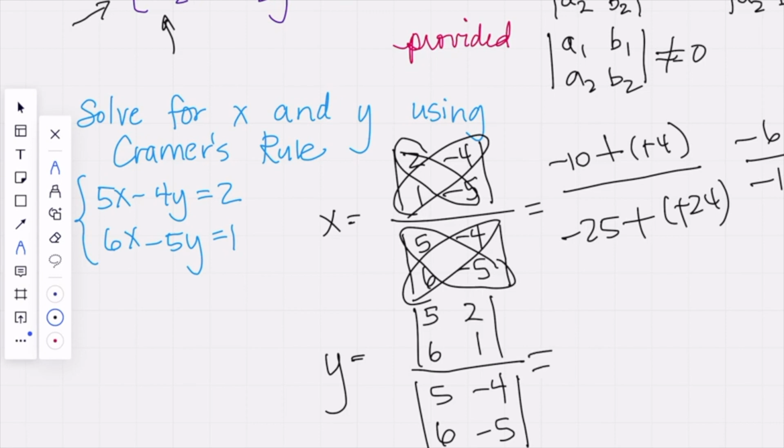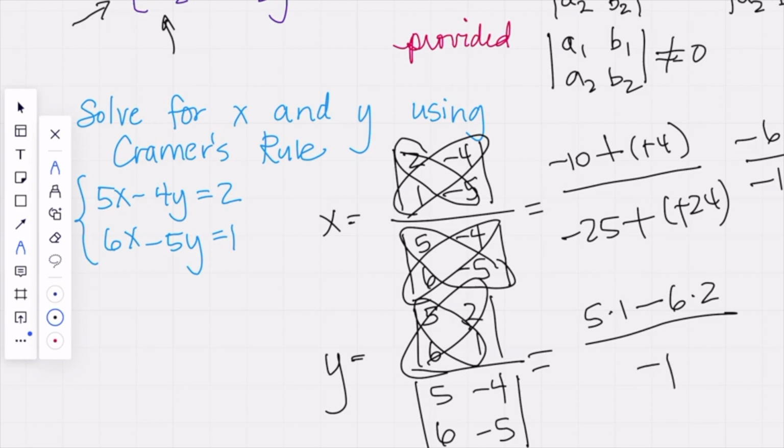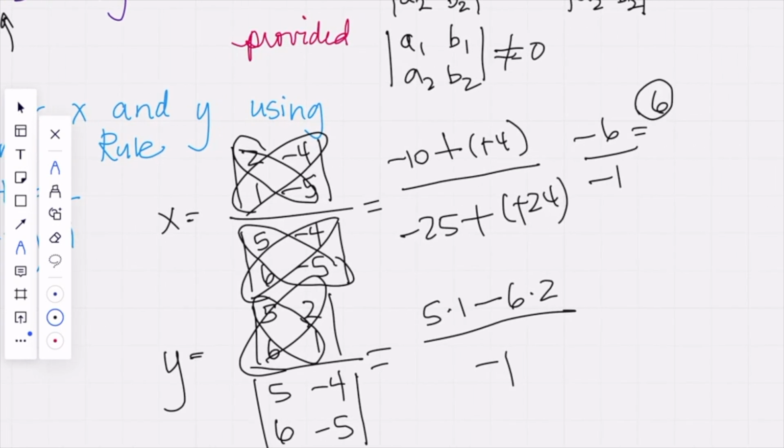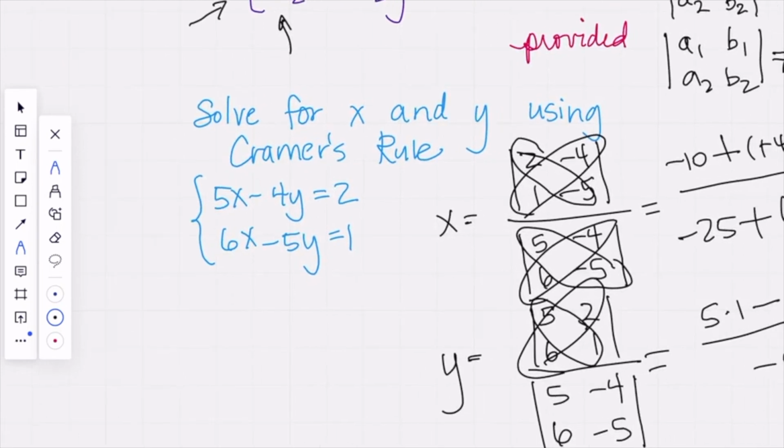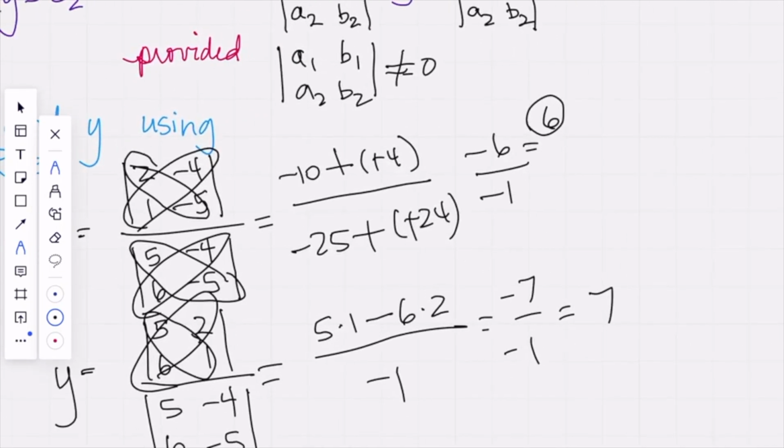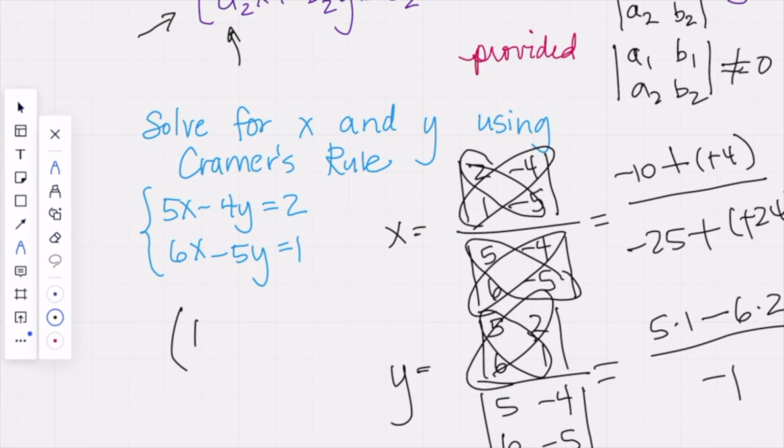So we'll end up with 5 times 1 minus 6 times 2, and that's all over... We don't need to do this calculation again because we already did it. So 5 minus 12, negative 7 over negative 1, positive 7. So we think that our solution to this system is 6, 7.